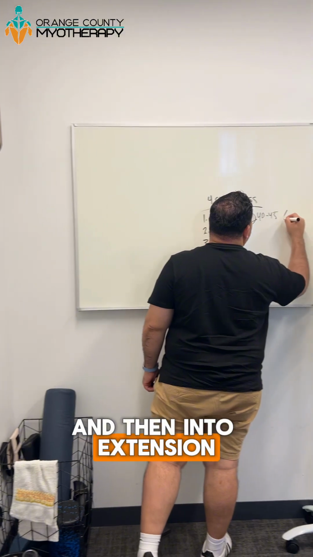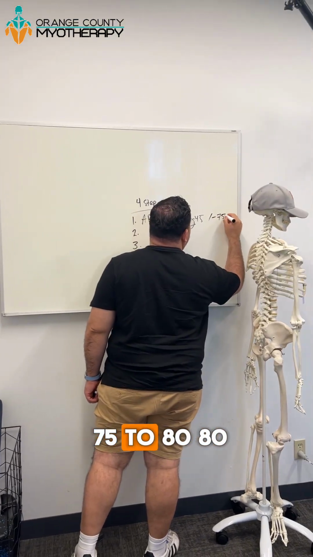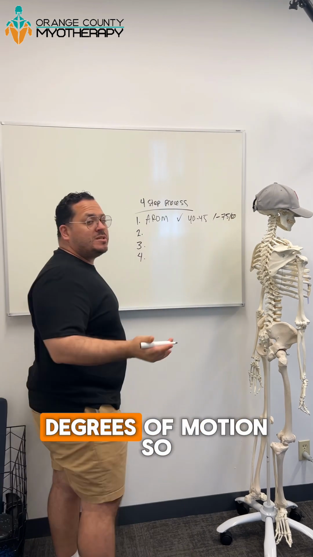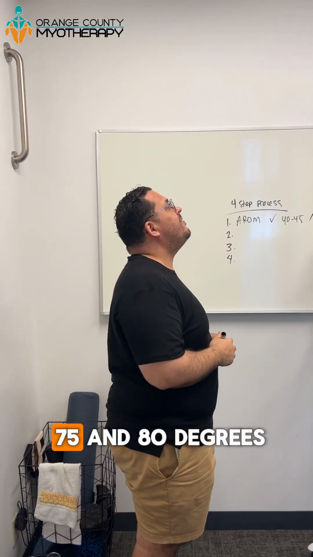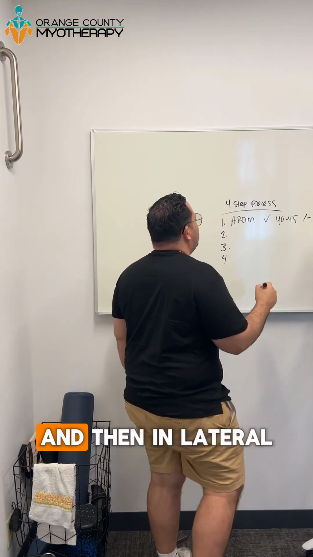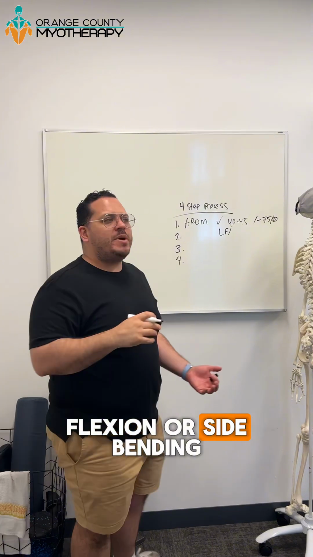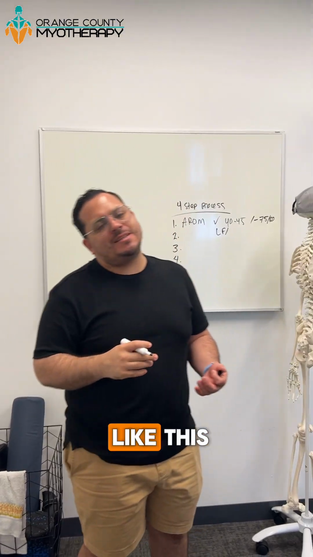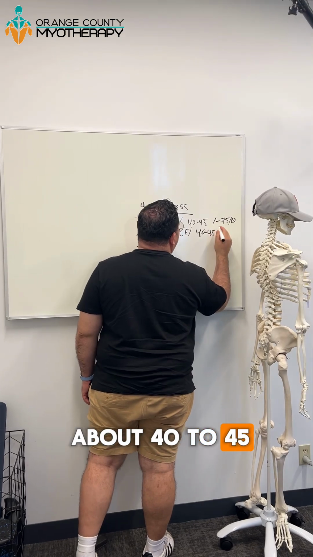Then into extension, they're going to have about 75 to 80 degrees of motion, so if they look up, they should have about 75 to 80 degrees. In lateral flexion or side bending, they want to have about 40 to 45 degrees.